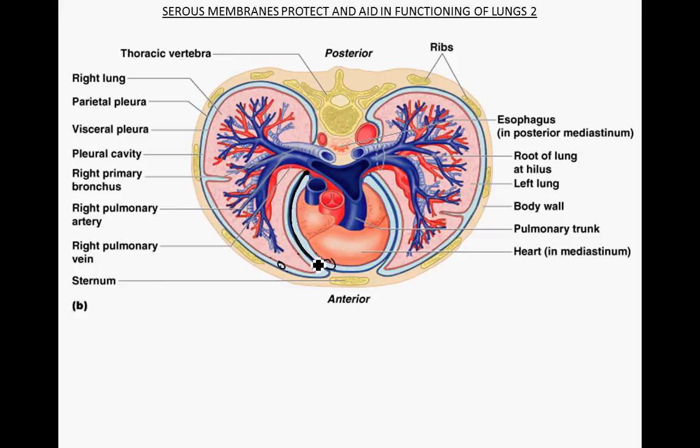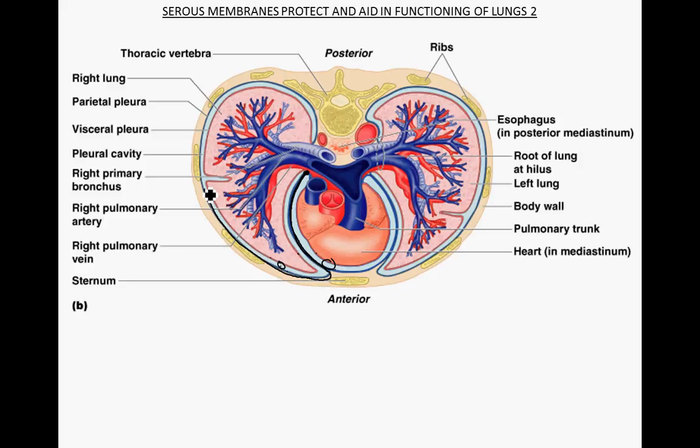So when this heart is beating and moving, and when the lungs are moving, they're kind of pulling on one another there. This parietal pleura you see is connected to the wall of the rib cage, right? Or sorry, of the thoracic cage there.